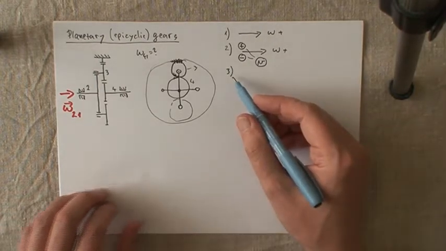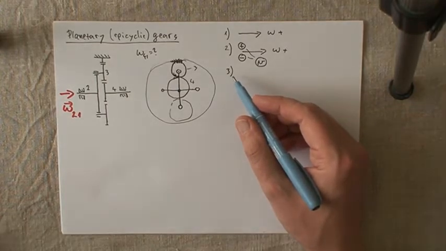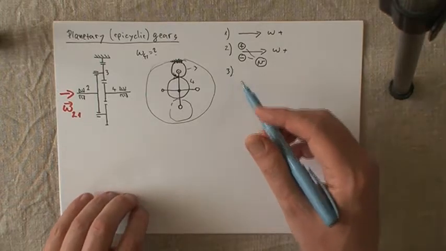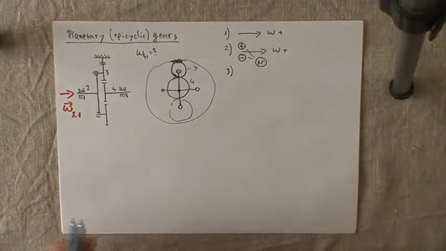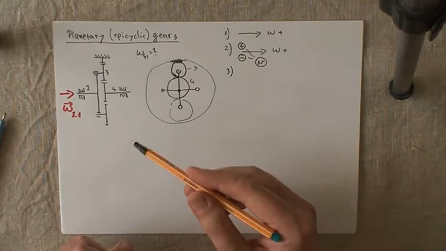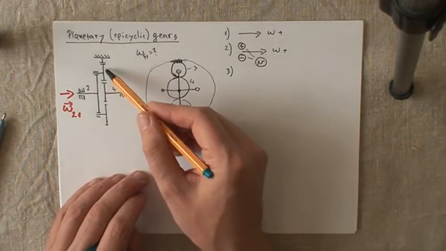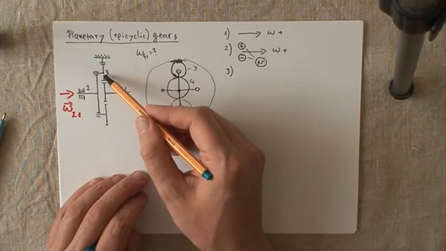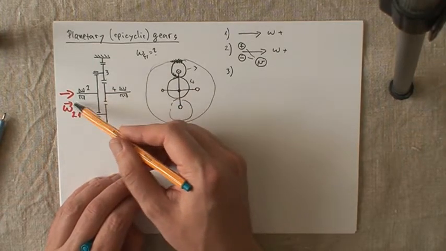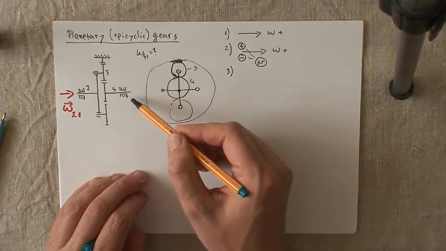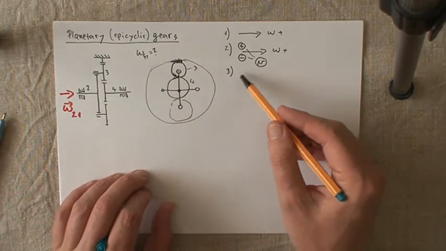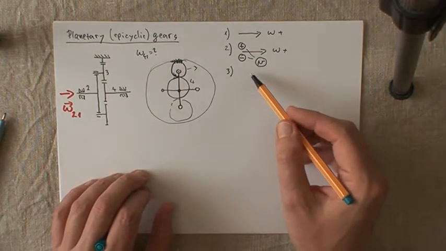Third step is to find out where we will calculate the symbolic equations for the combined motion. Now, combined motion in here is performed by the planets, the satellites, body number 3. Because body number 2 is connected to the frame, body number 4 is connected to the frame. So, where will we put together the equations?